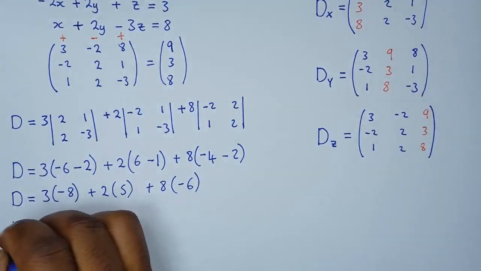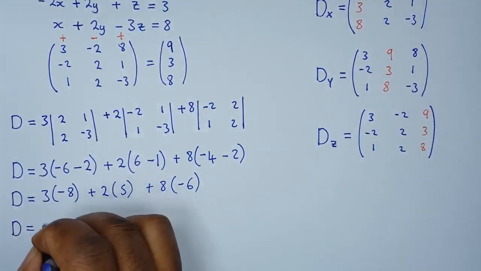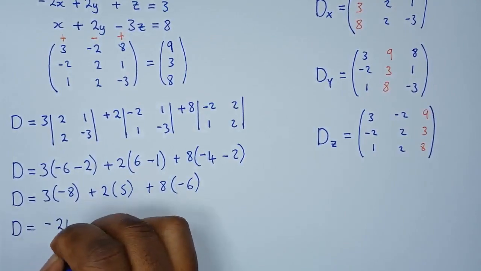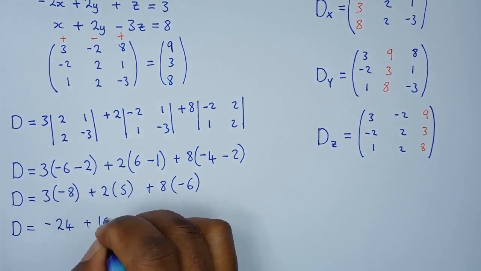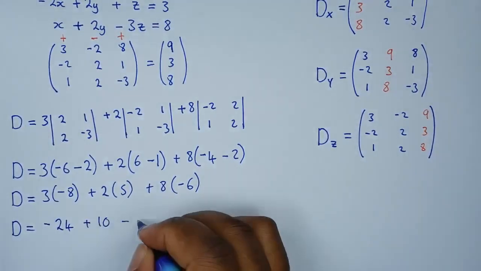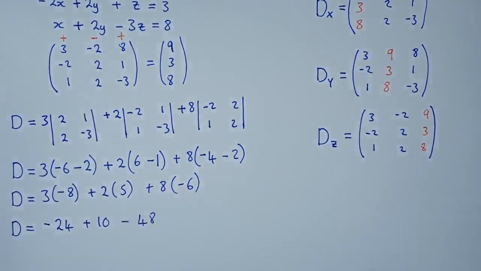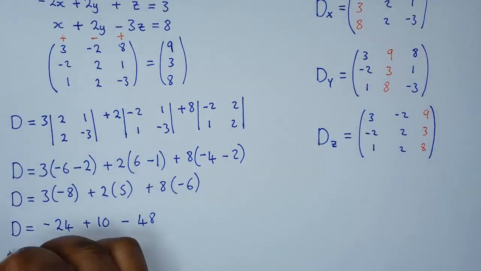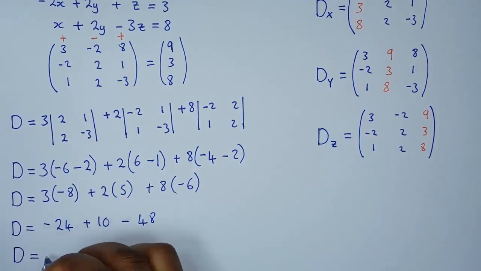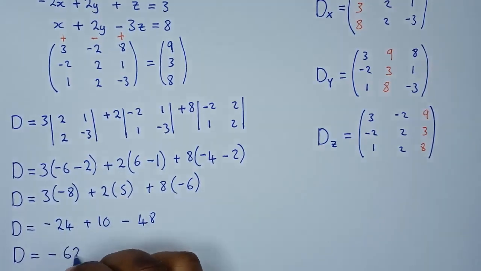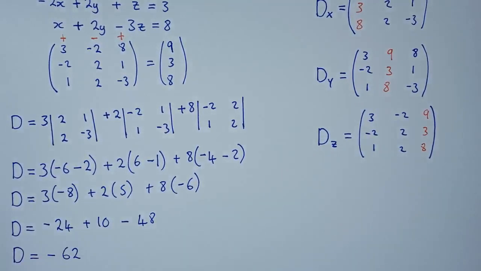So d will be equal to negative 24 plus 10 minus 48, like that. So it's very easy, and you avoid mistakes if you, of course, do it step by step. So negative 24 plus 10 minus 48. What we get is simply the value of d is equal to negative 62. Okay, so we have the value of d.